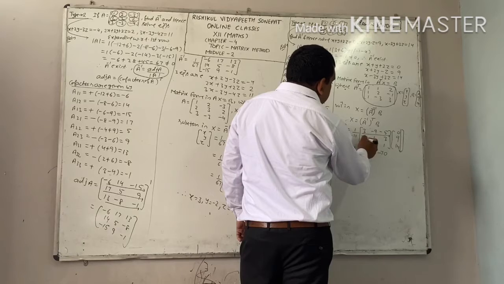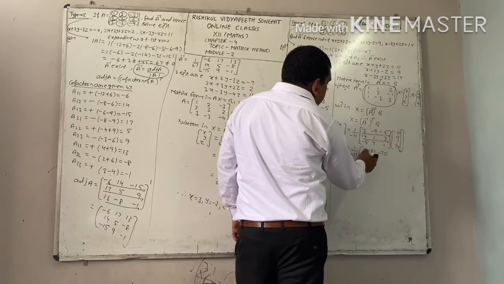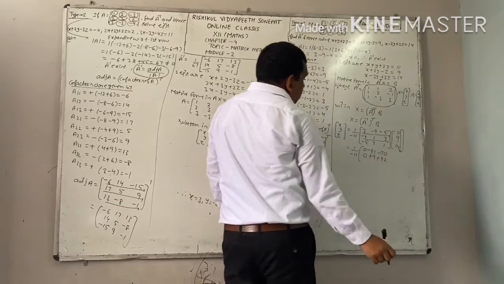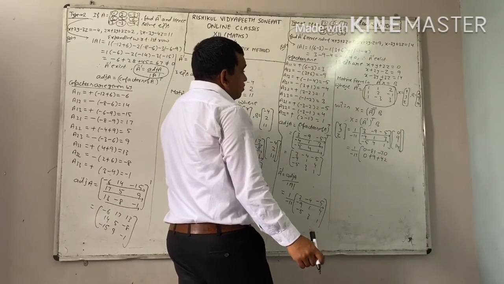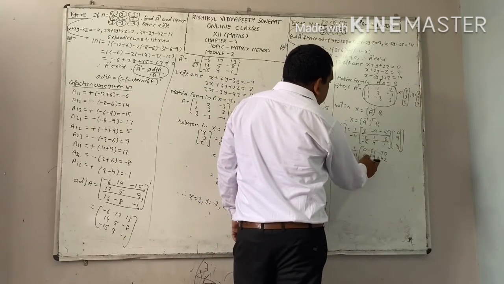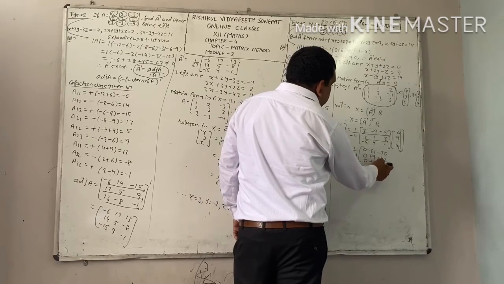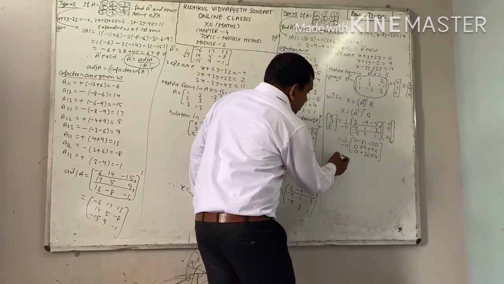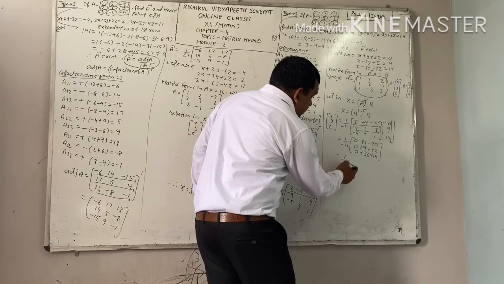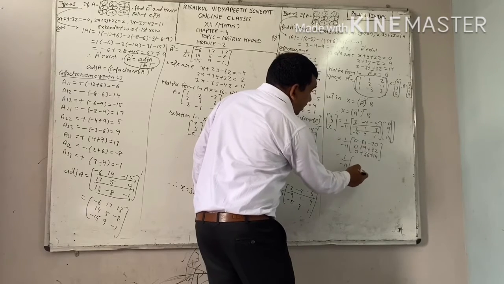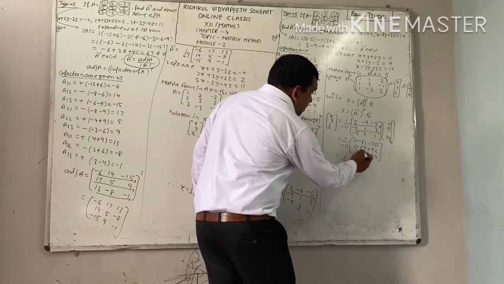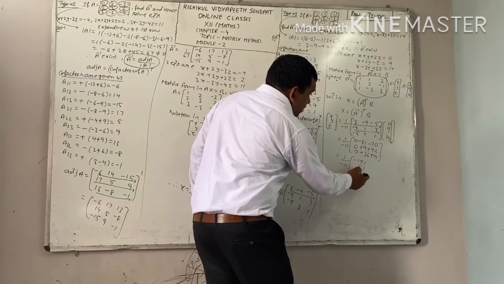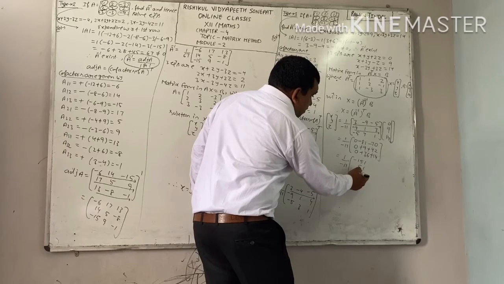Next, this is your 0 plus 9 plus 42. Then 0 plus 36 plus 14. Now this is your 1 by minus 11 times minus 81 minus 70. This is your minus 151. 42 plus 9, this is your 51. 36 plus 14, this is your 50.